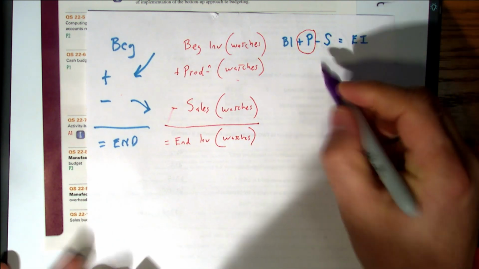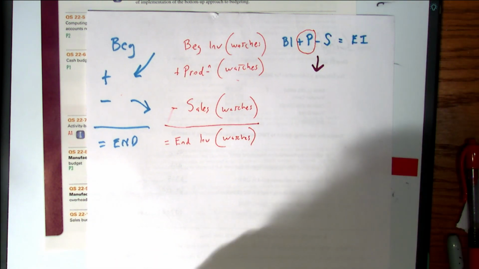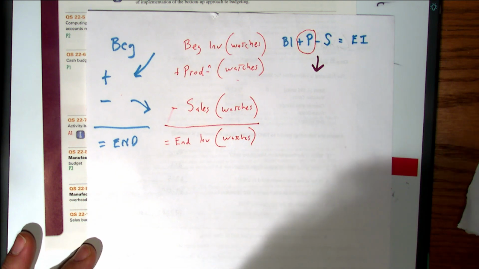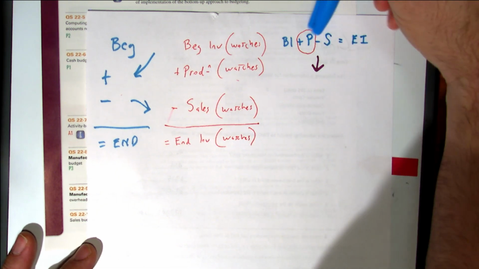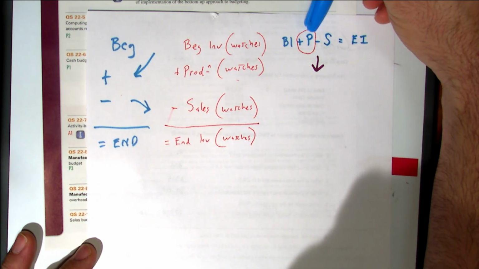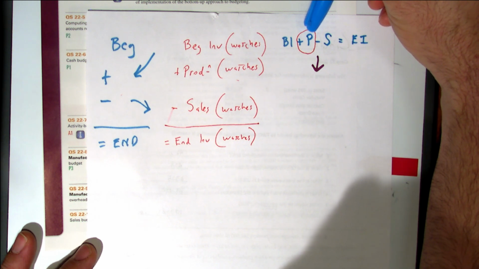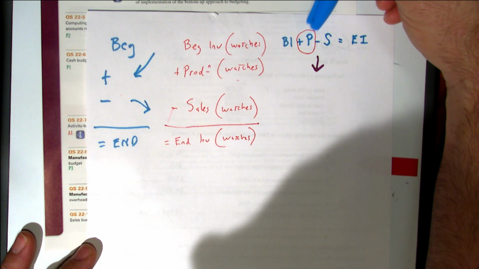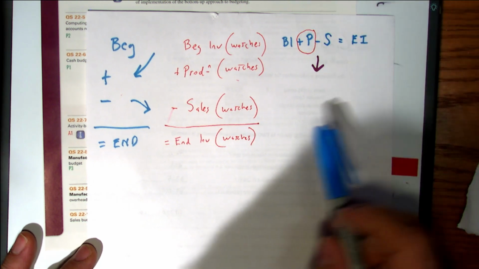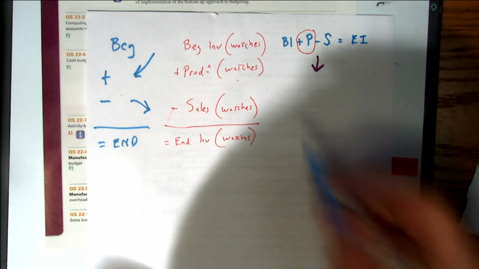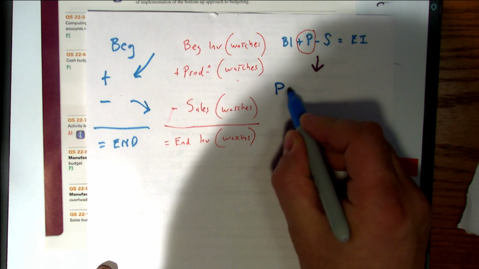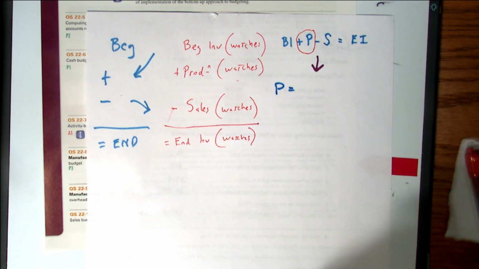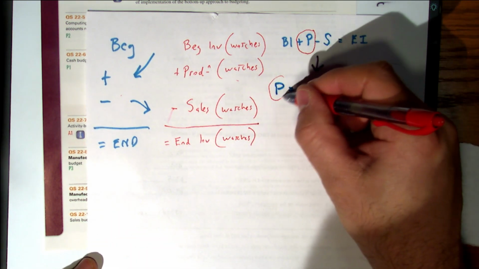The next step is I rewrite this equation, but I want to isolate the variable that they're asking us to prepare for. They're asking us to do a production budget, P. So let's rewrite this so that P is all by itself on that side of the equation.